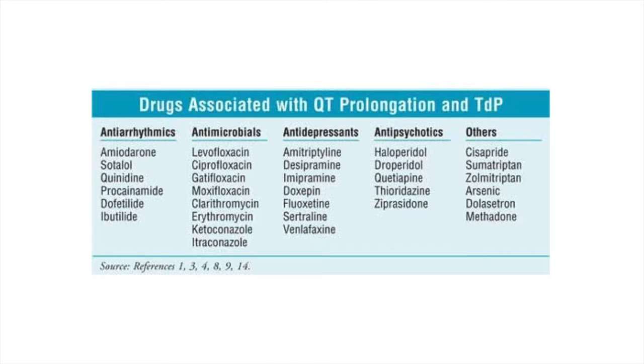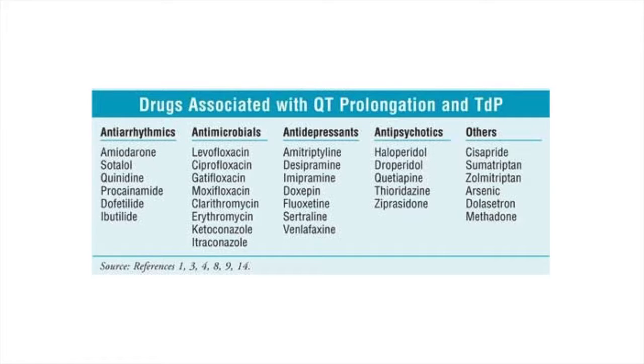All right? Here are the drugs that are associated with QT prolongation and torsades, right? Amiodarone, sotalol, which is a beta blocker, procainamide, too many gin and tonics, I guess you can get that one. Antimicrobials, Levaquin. We see Levaquin everywhere, right? That's kind of the go-to for anybody with pneumonia or a UTI.